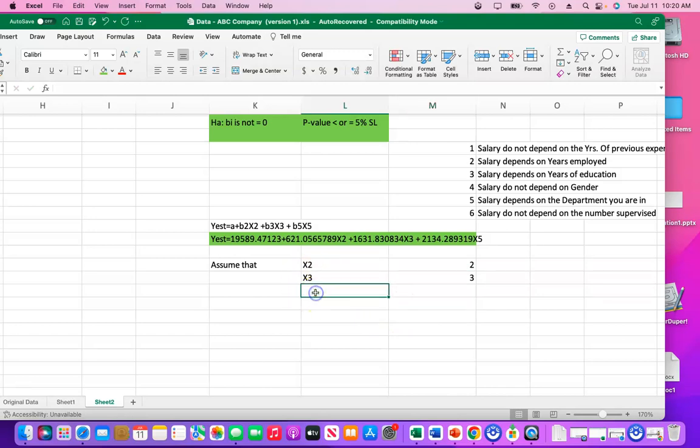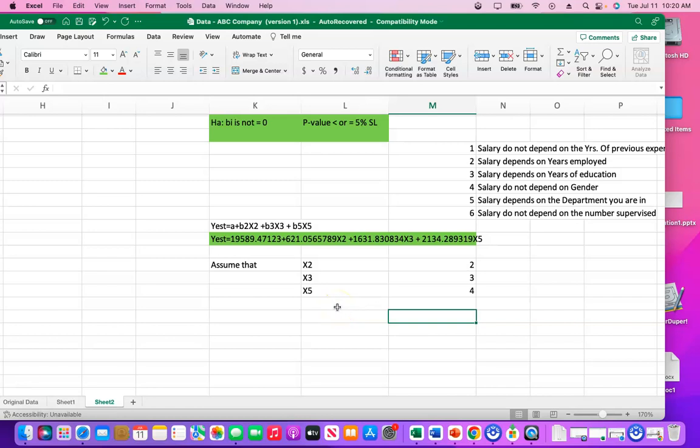And let's consider we have X2, X3. Let's go to X5. So we can say now which department this person is working at this moment. So we can say X5, and this person is working in department number 4, which if I can remember is engineering.